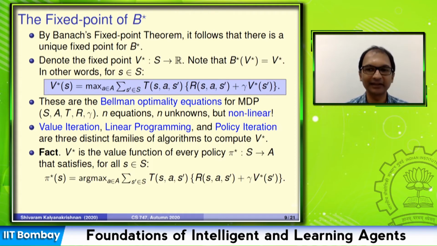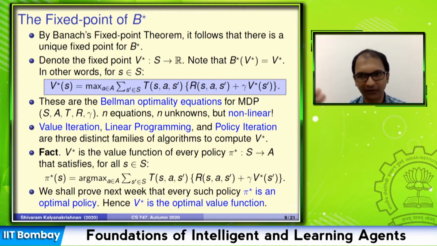Take any policy pi star which looks like what's on the right hand side of the Bellman optimality equations, but with an argmax instead of the max. The action that actually leads to this maximization, let's associate that action with every state. If we do that, then such a policy is called pi star.